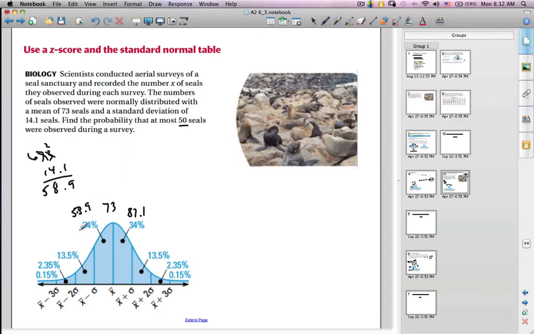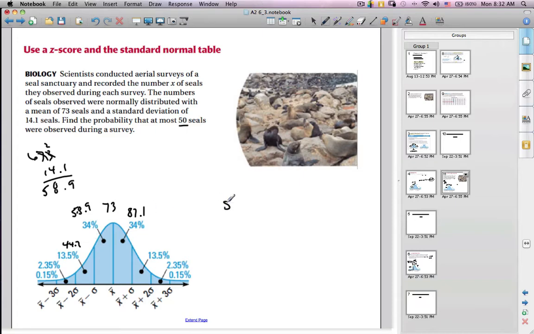At most 50 seals, so if I subtract another 14 out of this, that would be 44.7. So I know it's somewhere between 13.5 and 34, so I'm going to have to calculate my z value.